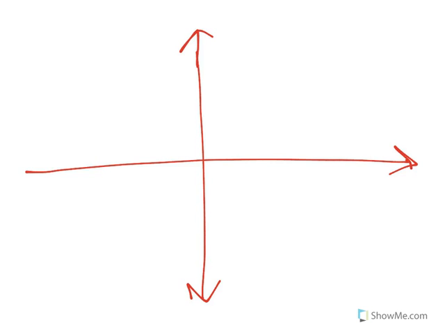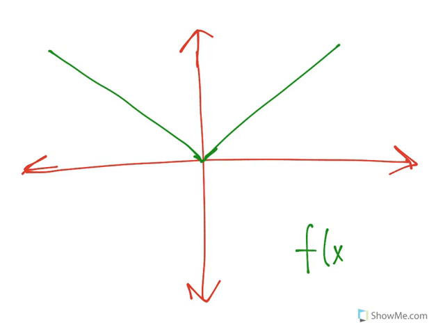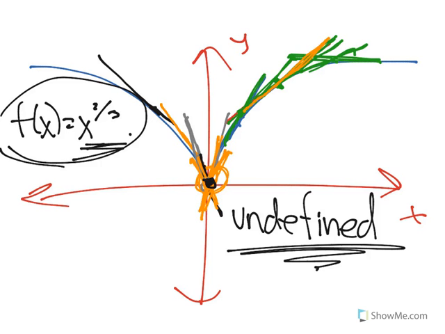Another graph where you can see that the derivative will not be defined at a given point is f of x equal to the absolute value of x. As you might recall, this is the graph of the absolute value of x, and this is exactly what I said before, but in a very simple manner.